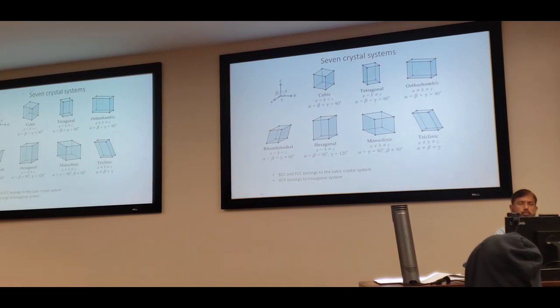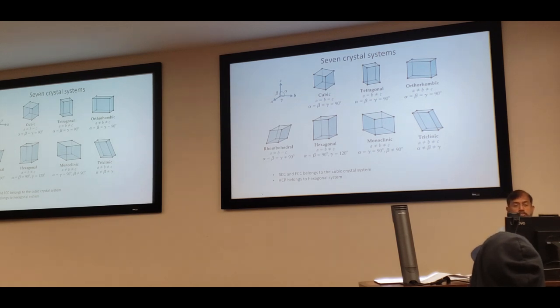What is the difference between cubic, tetragonal, orthorhombic, rhombohedral, hexagonal, monoclinic, and triclinic? Since BCC and FCC belong to the cubic crystal system, here is the cubic unit cell, and HCP belongs to the hexagonal system.